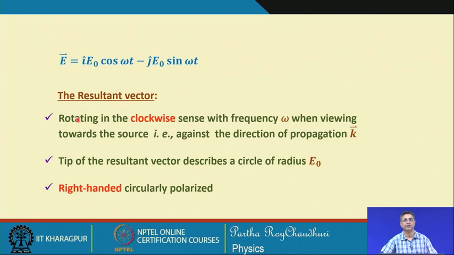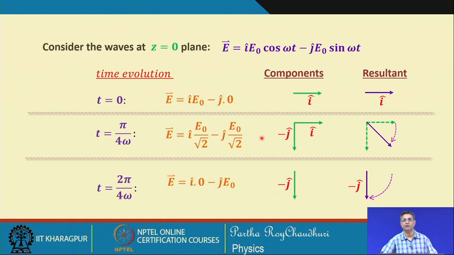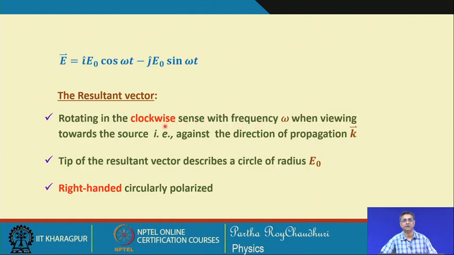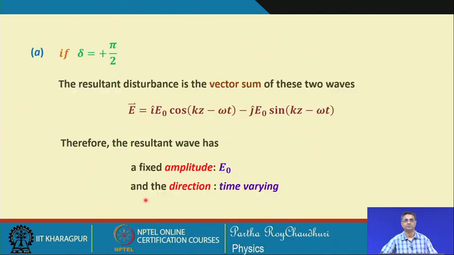The resultant vector rotates in the clockwise sense with a frequency of omega, which is the frequency of the individual component waves under superposition, when viewing towards the source. The tip of the resultant vector describes a circle of radius E 0, and this situation we call the right handed circularly polarized electric field.